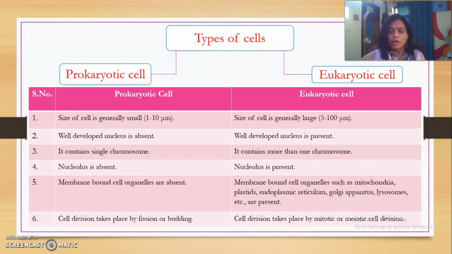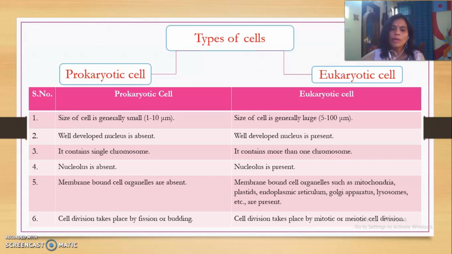When the prokaryotic cell divides, it is only by the simple process of fission, whereas in the eukaryotic cell, the higher methods of mitotic and meiotic cell division take place. So altogether there are 6 to 7 differences which you should at least learn, as they can be asked anytime.